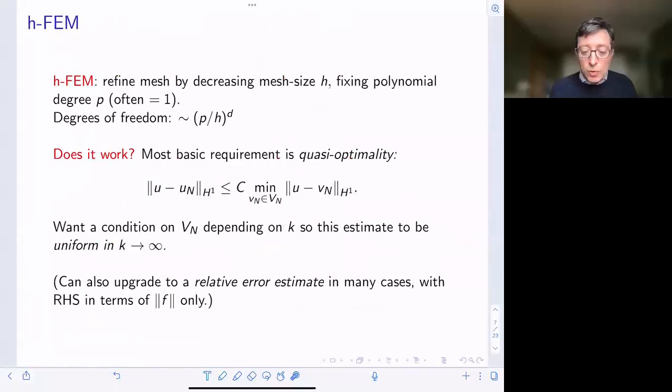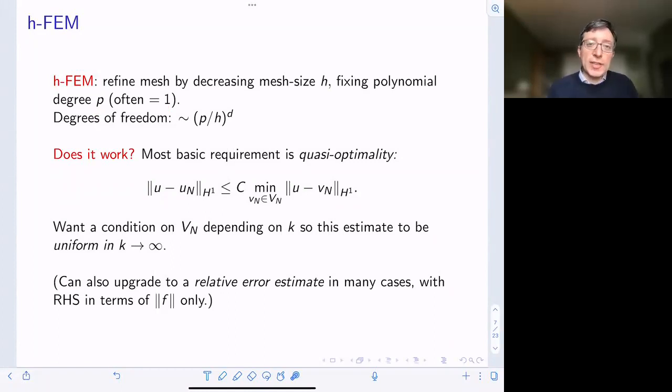Okay, so I said you could get a better approximation of H1, let's say by shrinking the mesh size h, and that process of getting better and better approximations to your solution, you hope, is called h-FEM. So we fix the polynomial degree in this, and 1 would do fine for a start.